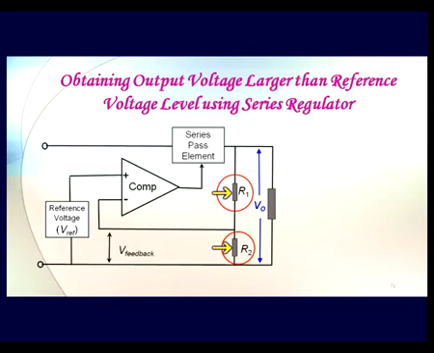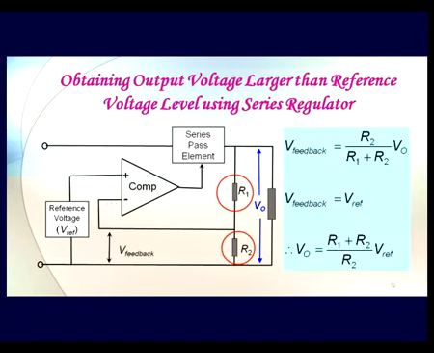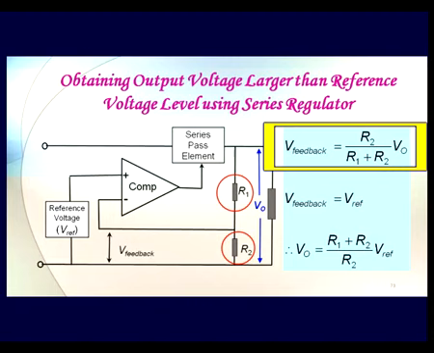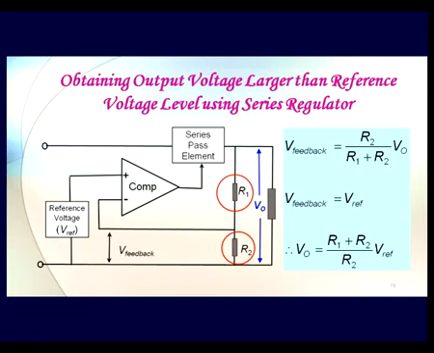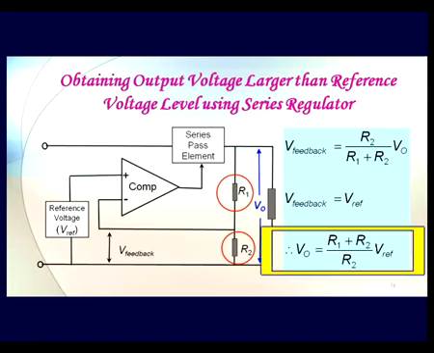R1 and R2 are the resistances, and the voltage across R2 is fed back to the comparator as the error signal or the feedback signal, which is given as a negative input so that you get a correction. The V feedback is R2 upon R1 plus R2 times VO, but V feedback is equal to V reference, so V output is (R1 plus R2) upon R2 times Vref.